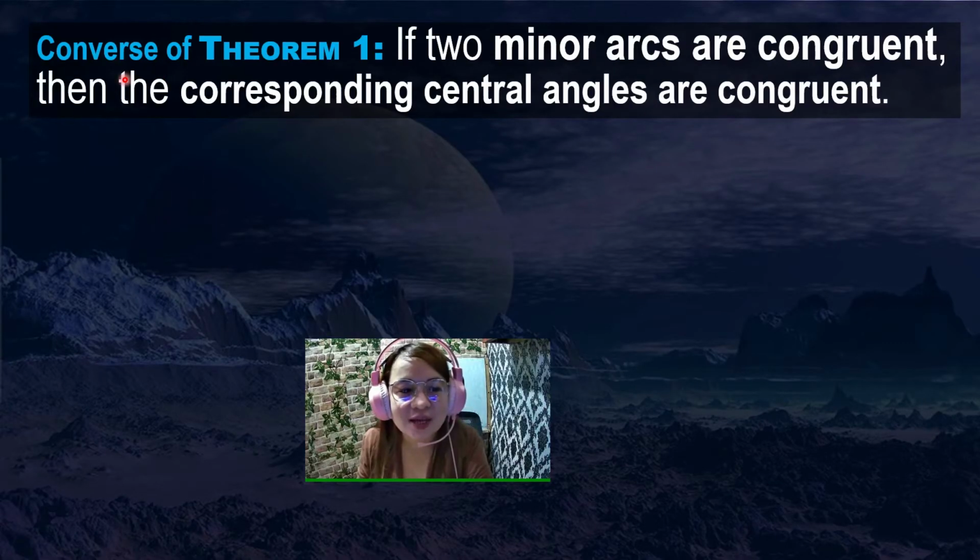Okay, let's discuss converse of theorem number 1. Ano ba ibig sabihin ng converse? Ibig sabihin, yung opposite or kabaligtaran. Kanina, ang sabi doon sa theorem 1, if two central angles are congruent, then the corresponding two minor arcs are congruent. Dito naman, sa converse, if two minor arcs are congruent, then the corresponding central angles are congruent.